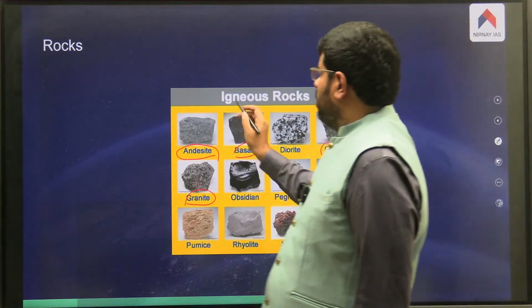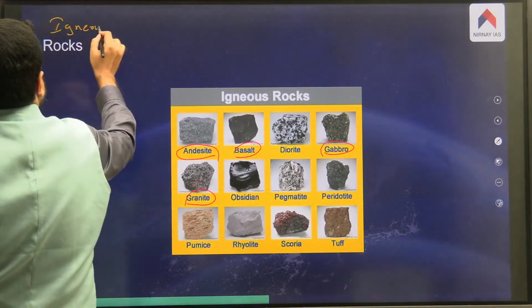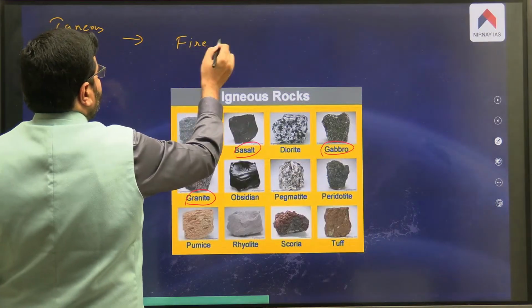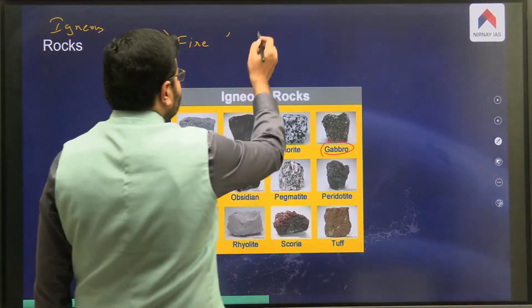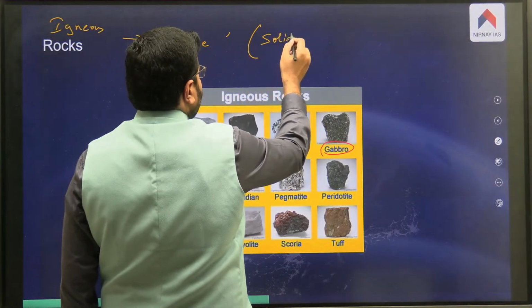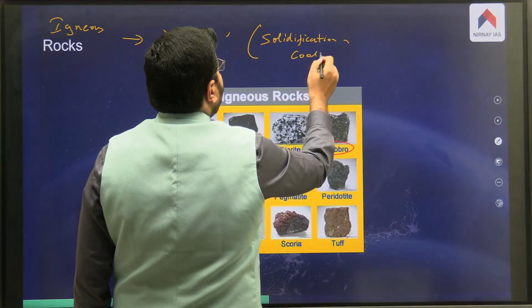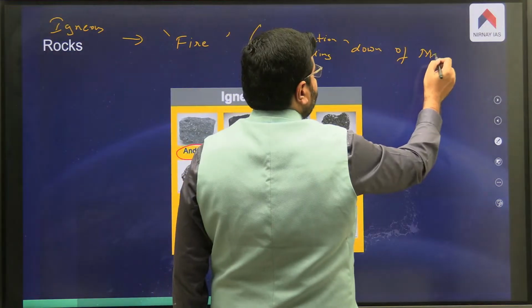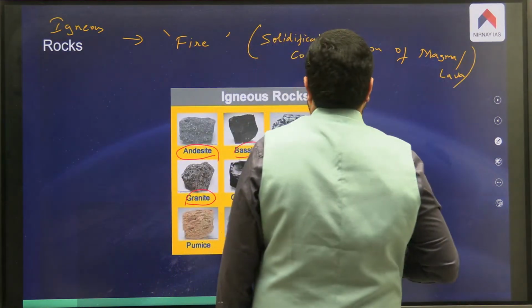Igneous rocks are rocks found out of fire. Rocks which are formed out of fire. That is, solidification and cooling down of magma, or we can also say lava on the Earth's surface.